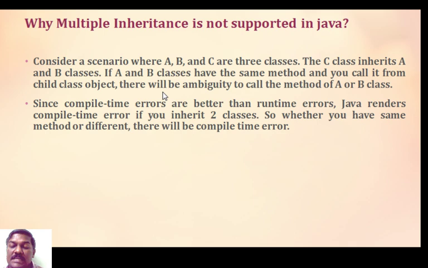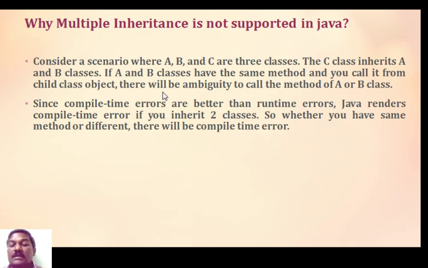Now C is the derived class of A and B. If you create an object for the C class and try to access the methods which are common to A and B, the Java compiler will get confused because it is ambiguous.